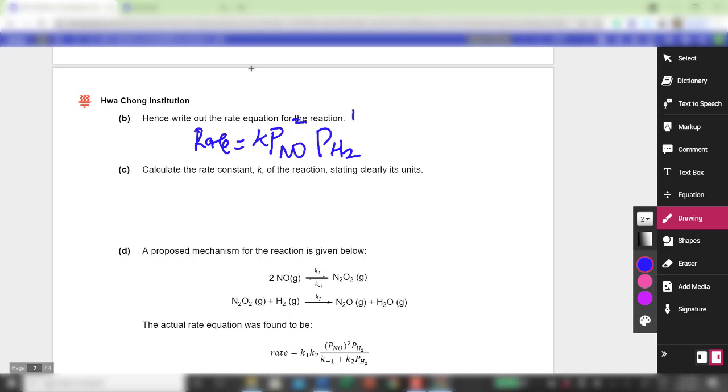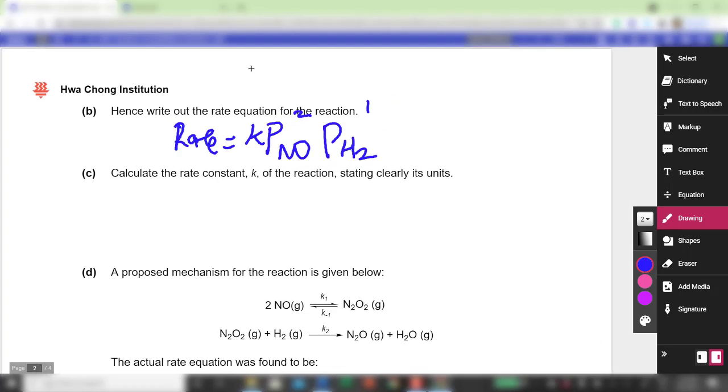Next, calculate the rate constant k of the reaction, stating clearly its units. I don't think this will be any big issue, but should there be any, please let me know offline.